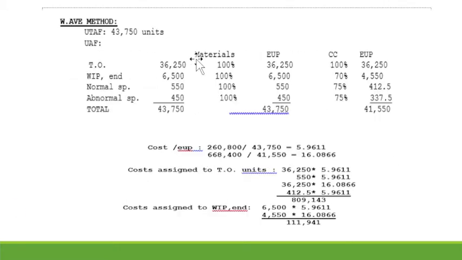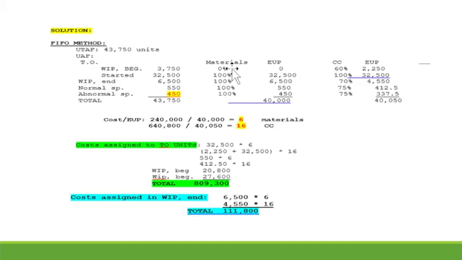Okay? So for your materials, 'di ba ang sabi sa iyong materials ay all materials are placed at the start of the production. So therefore, ang effort mo diyan 100% lahat. Kung kanina, mapapansin mo, under the FIFO method, 0% yung nandoon sa WIP beginning dahil nga galing yan sa prior period.